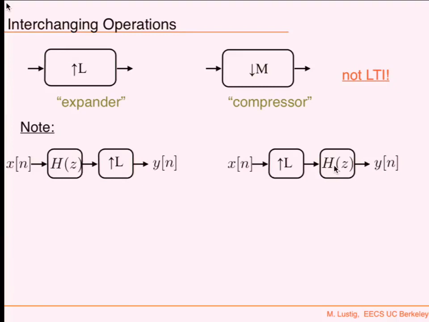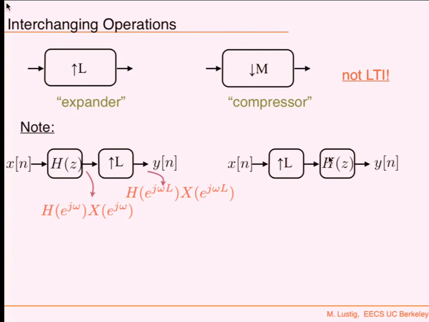Let's see how it looks. Okay? At this point, in the frequency domain, I've got X(e^jω) multiplied by H(e^jω). Okay, in the frequency domain. After upsampling, I get a compression of both. Right? So both will be compressed by L.